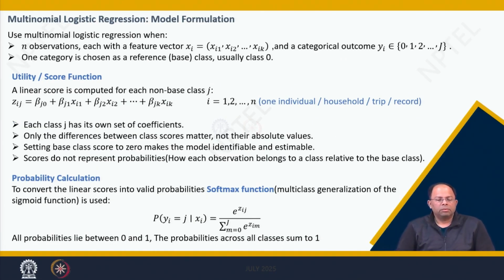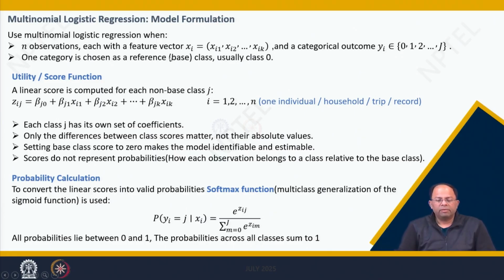So, we use MNL when we have n observations and each has a feature vector x_i, that is x_i1, x_i2, up to x_ik and so on.